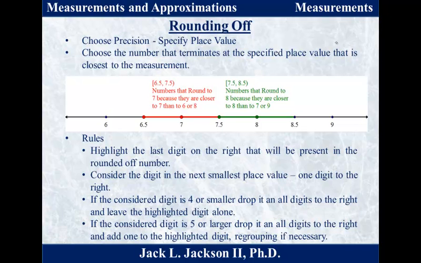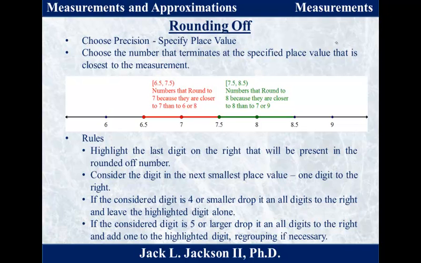So the simple rule is, if you've got 6.5, no matter what's after it, you don't have to look at that. You can just look at the tenths digit. If it's a 5, we're going to go ahead and round up. And for the same reason, 7.5 is going to round up to 8. So the numbers you see shaded in green are going to round off to 8.